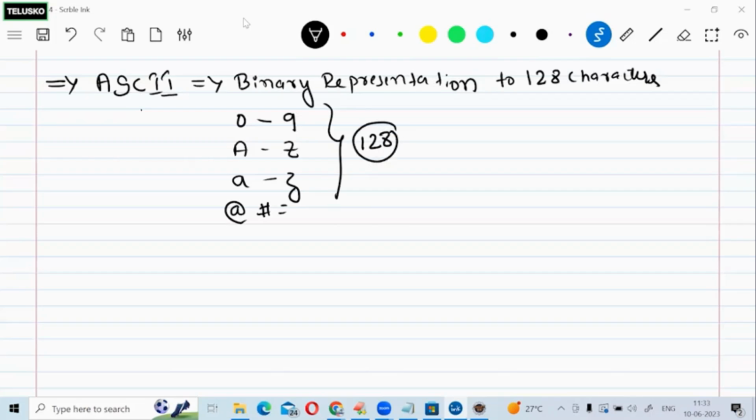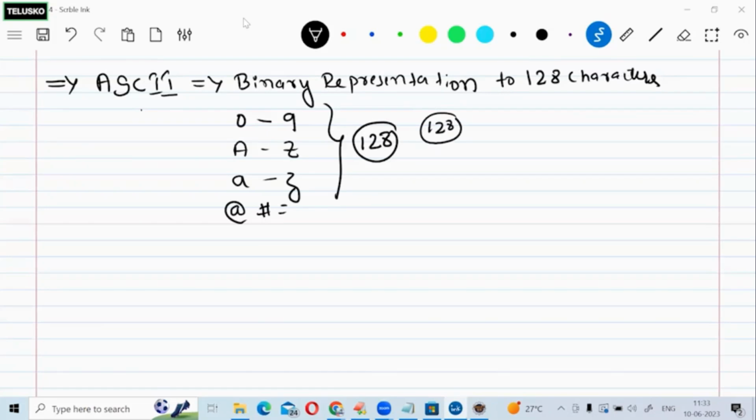If your programming language is following ASCII, how many characters can you use? 128 characters.